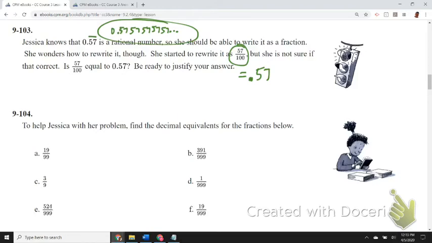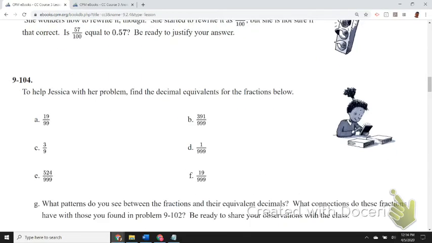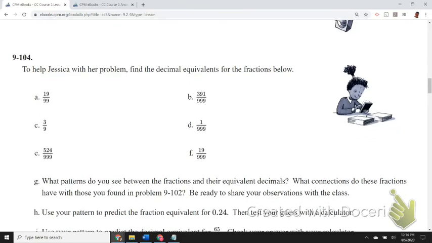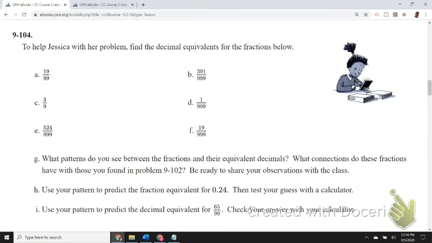So, moving on to question 104, it's kind of the same deal here. We're going to reverse our thinking. So 104 has 6 problems, 6 examples with these fractions. See if you guys can rewrite these fractions as their decimal equivalents.